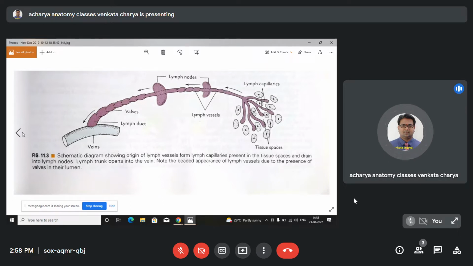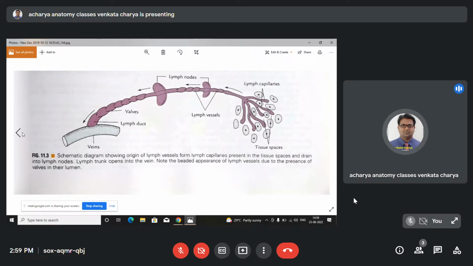Granulocytes are neutrophils, eosinophils and basophils, and agranulocytes are monocytes and lymphocytes. So these lymphocytes are carried through this lymphatic fluid.